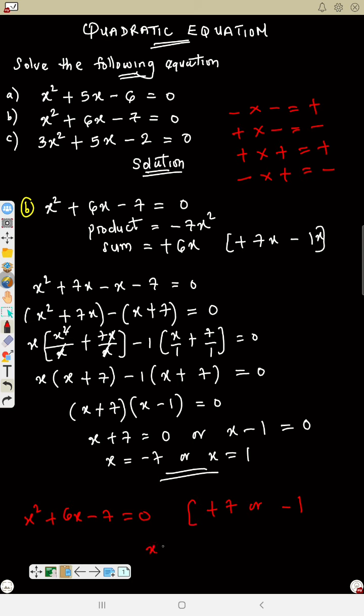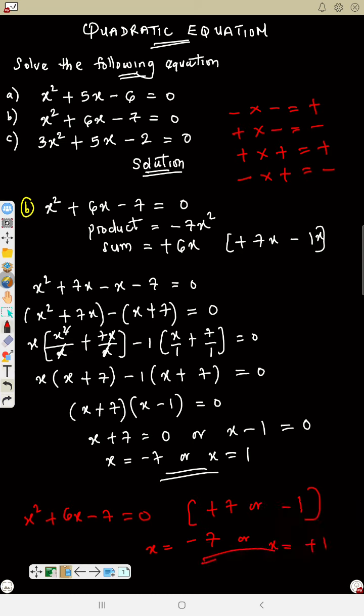So if you reverse the sign, the sign for 7 is plus, you change it to minus, that will be s equals minus 7 or s equals plus 1, as in minus, we change it to plus. Because the coefficient here is 1, it's like dividing the two by 1, but it will not have any effect. So that will be the answer.